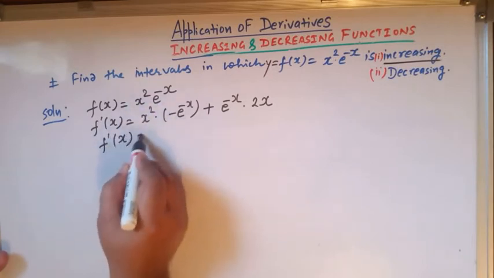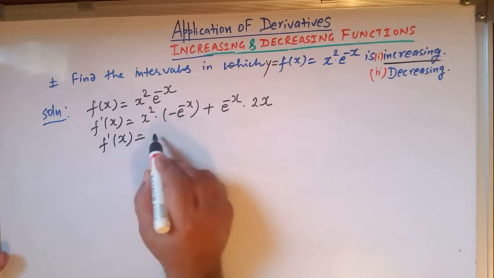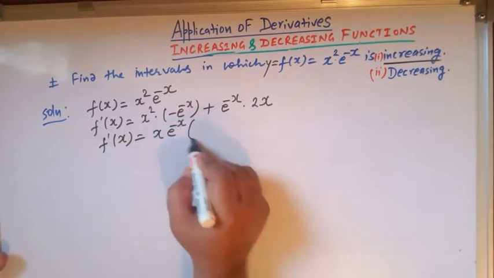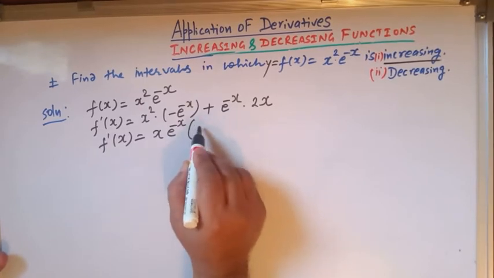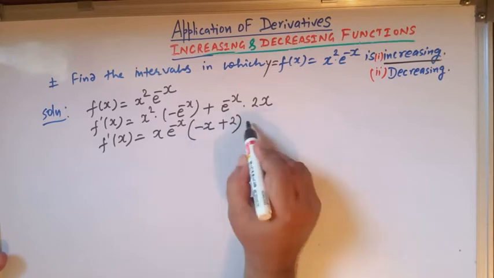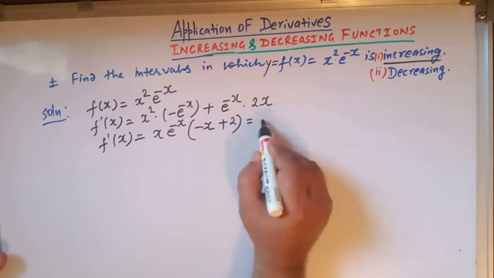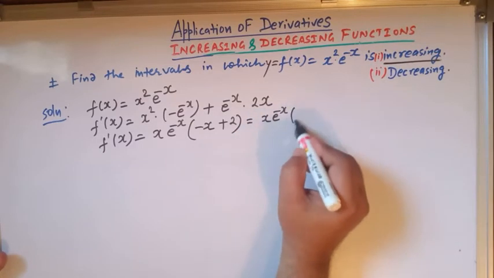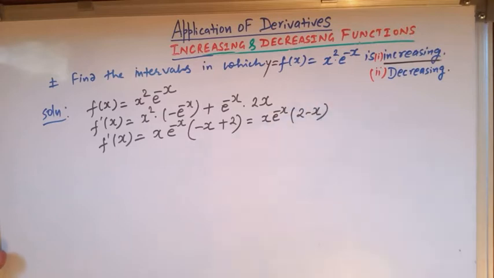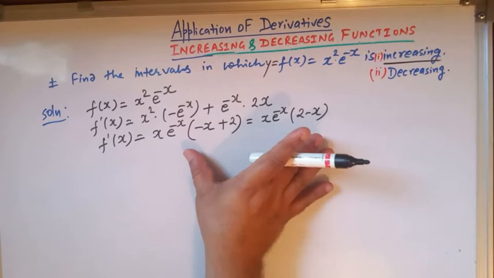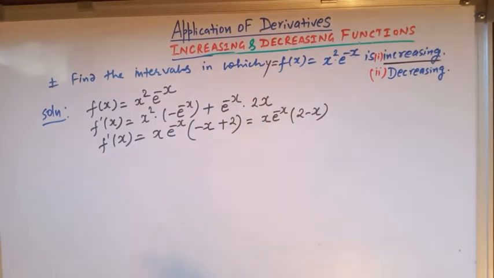Now f prime of x is equal to, taking x e raised to minus x as common, minus x plus 2, and this can be written as x e raised to minus x times (2 minus x). So this is our first derivative of f.